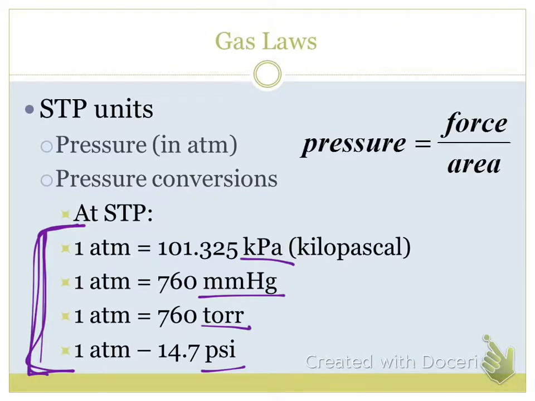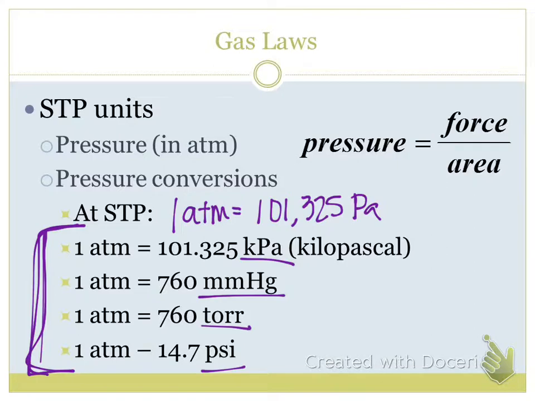If it gave it to you in just pascals, we would convert from kilopascals to pascals, and it would say 1 atmosphere equals 101,325 pascals. If you can convert from regular to kilo, then you don't need to write it down, but you can if you want.